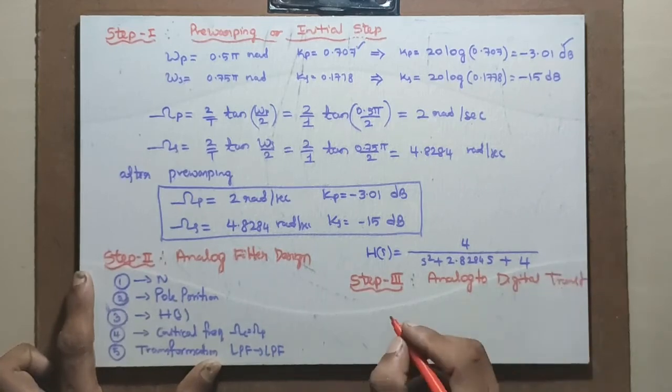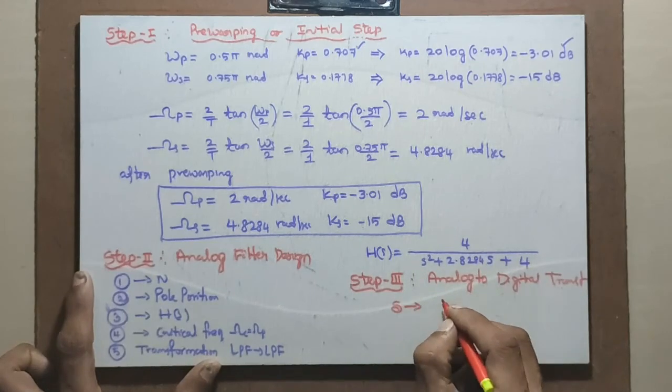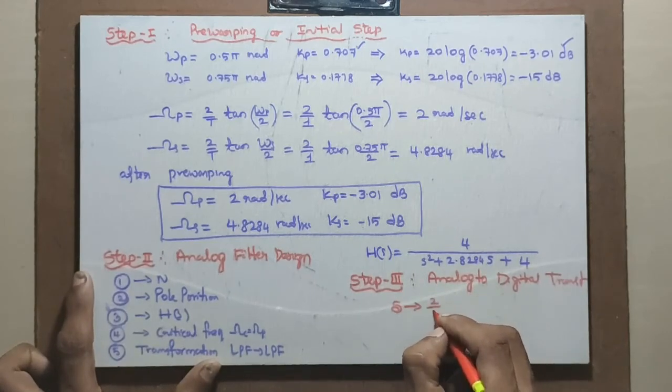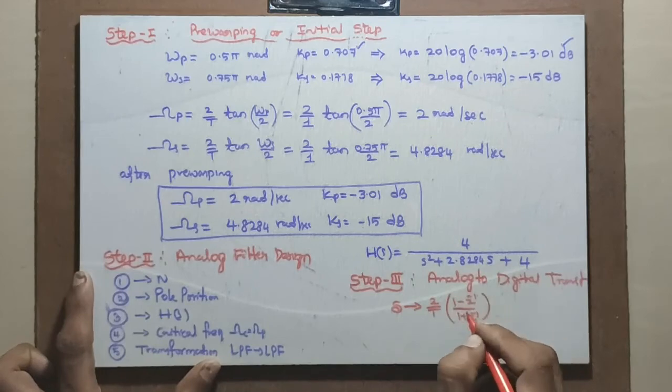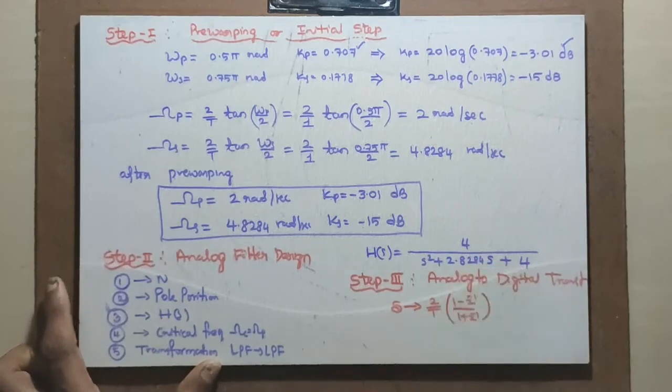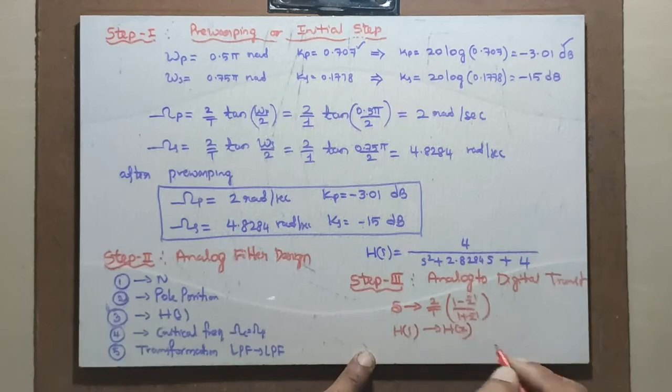What you are doing in the above equation is, wherever s is there, instead of that you are substituting 2 by T times (1 minus z raised to minus 1) divided by (1 plus z raised to minus 1), isn't it? And then you are finding out. Actually this step is transforming H of s into H of z, correct?